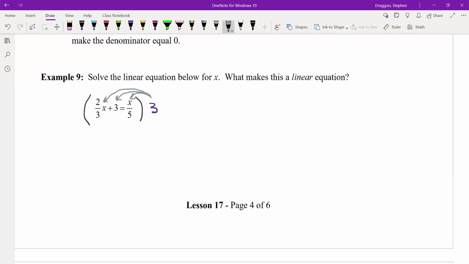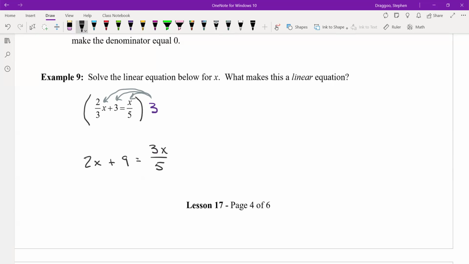So it's going to go to all 3 of these, meaning I'll have 2x plus 9 equal to 3x over 5. Because again, it's got to go to each term. And if I'm multiplying a whole number in, it gets multiplied into the numerator.